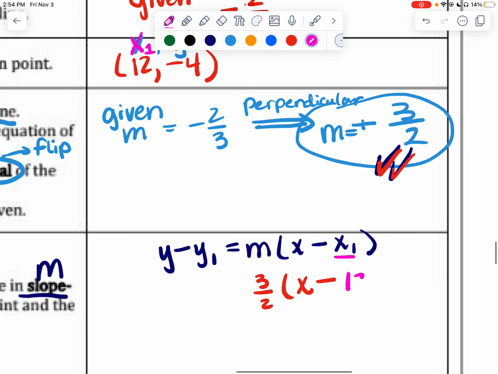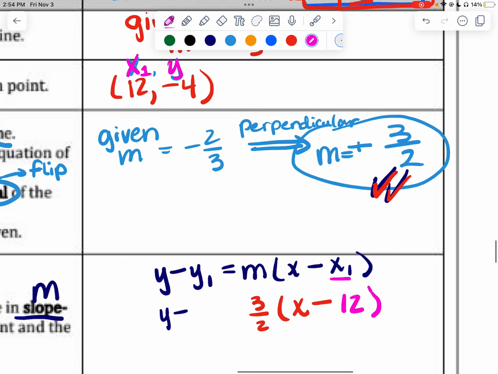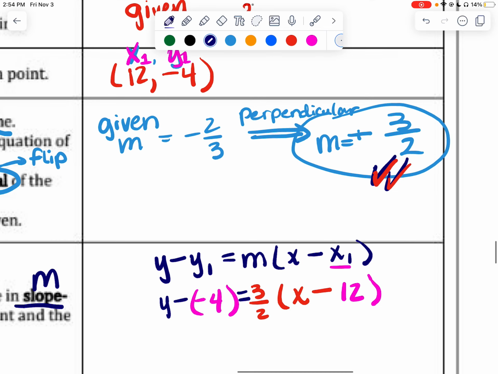So minus 12. And y minus, same thing with y1. That's just coming from y1 right here, from the given point. So minus negative 4. All of that is equal right here.